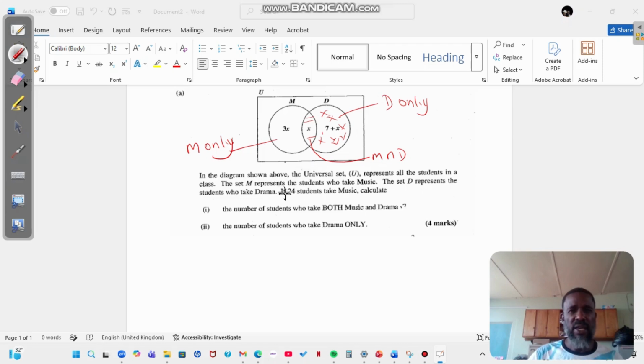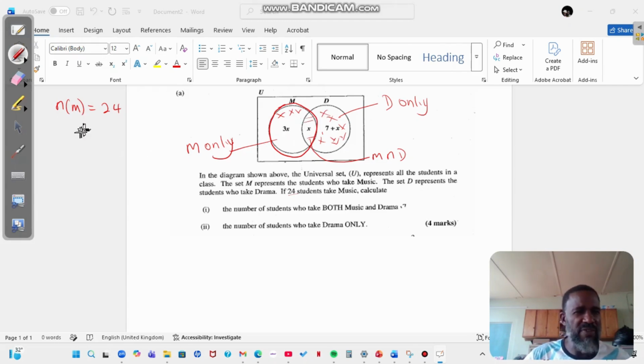It says that if 24 students take music, that means all of this set here represents music. So the number in M is equal to 24. That means those that are here and those in the intersection add up to give the number of students who take music.